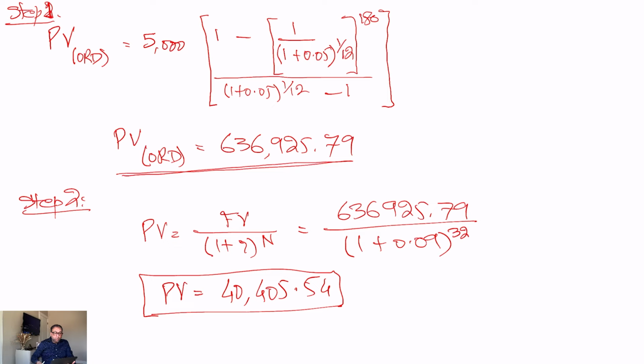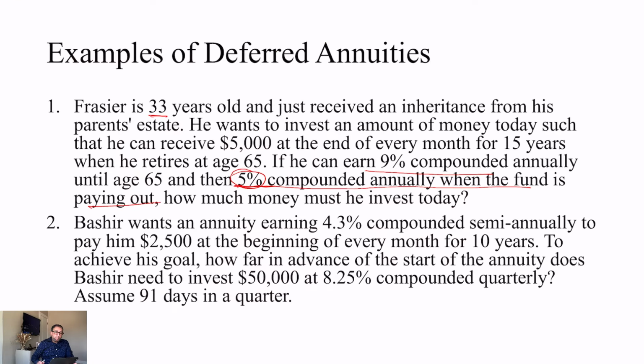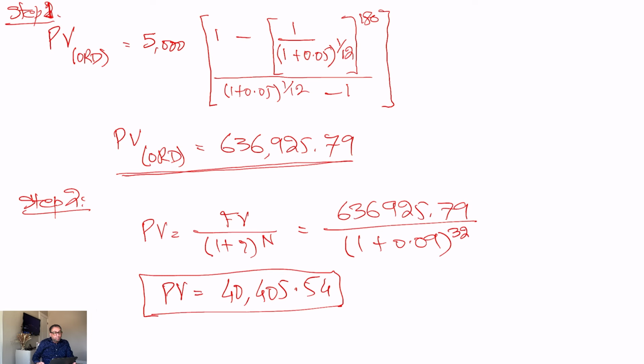So we start again with step 1, and we have to find out. Now here you have to look at the beginning of every month for 10 years. So that's a beginning, which means we have to calculate present value due. And this is a good example to cover both the topics.